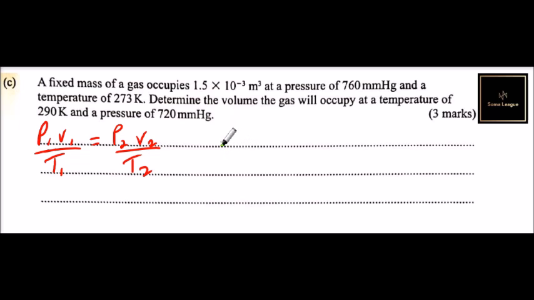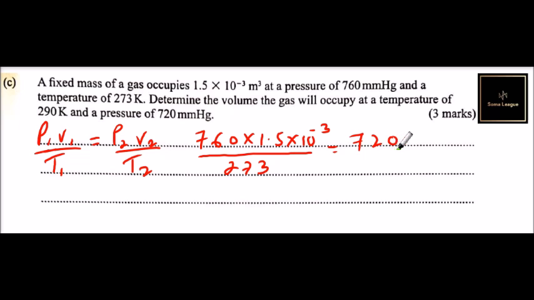So we say 760, that is pressure, multiplied by volume 1.5 times 10 to the power minus 3, divided by 273, equals 720 multiplied by V2 divided by 290.